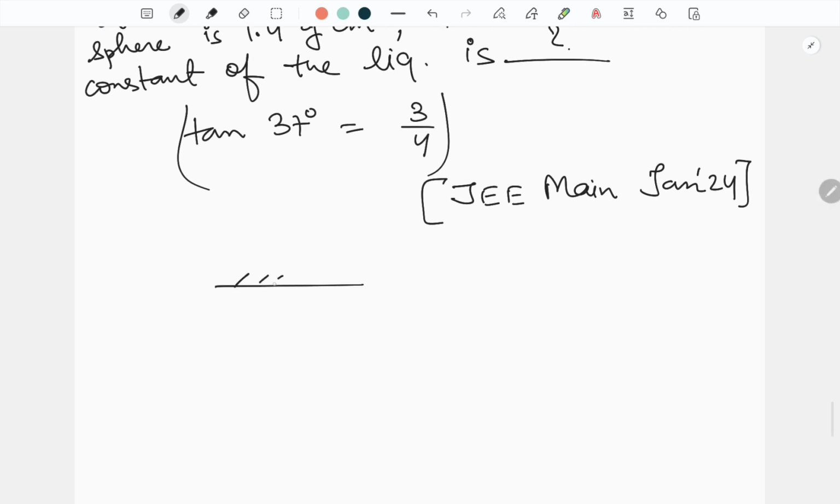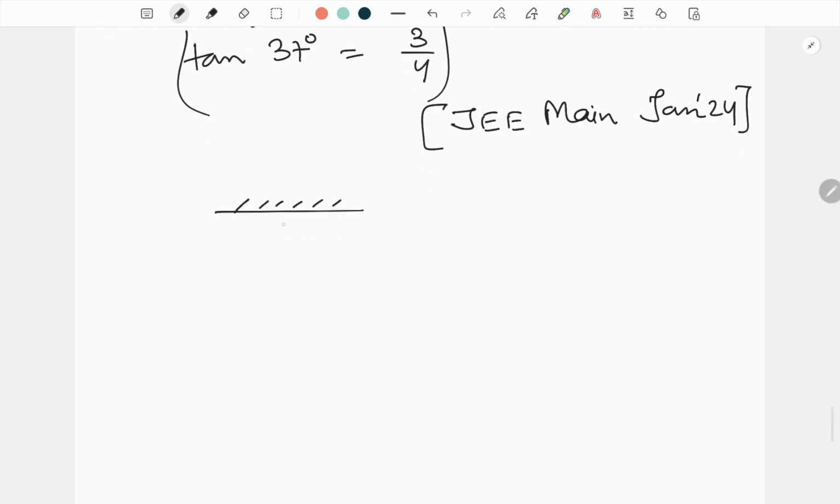Now the condition is like that you have a support here and two strings like this, and since they are identical charged spheres, if the charge on one is q, the charge on the other will also be q. This angle is 37 degree, right?